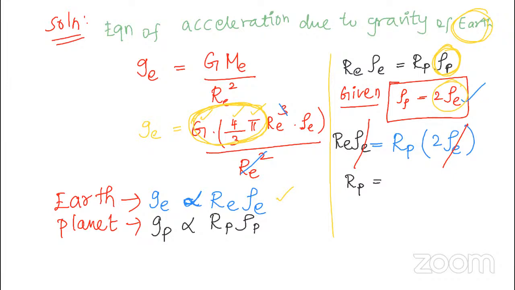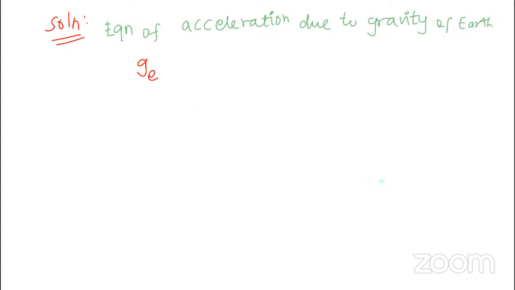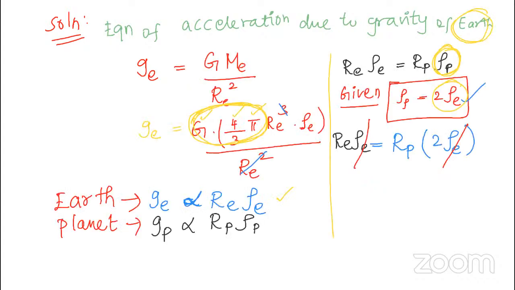Writing it step by step: R_E equals R_P into 2. Now our aim is to calculate R_P, which is the question we have to find out.